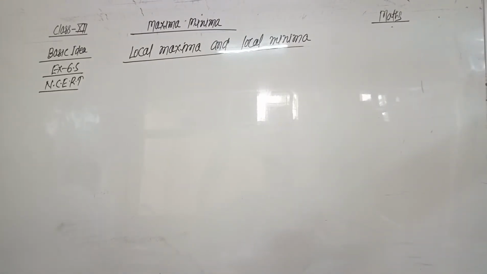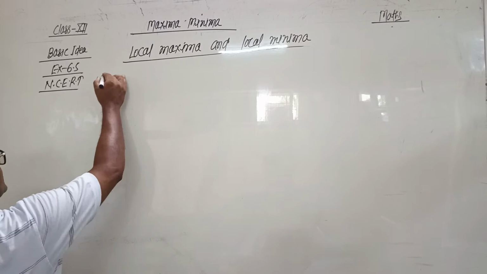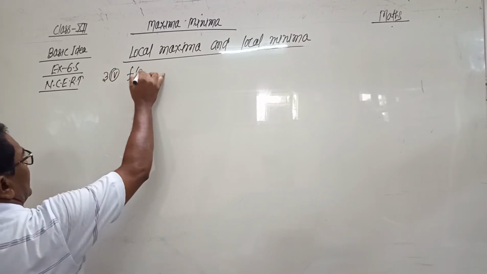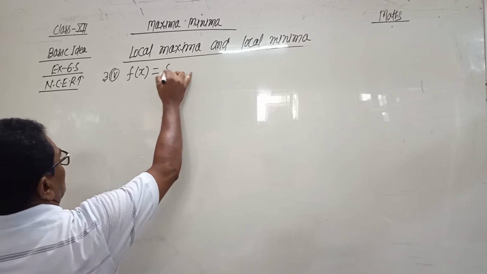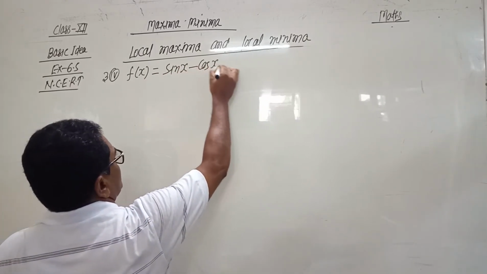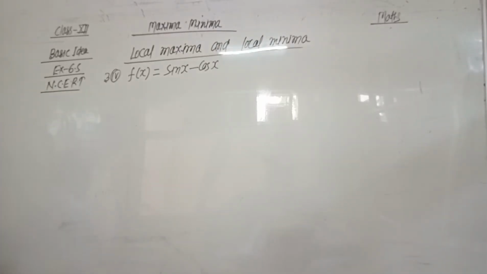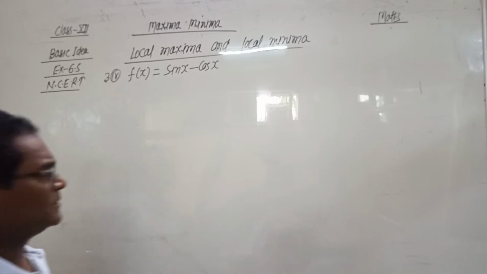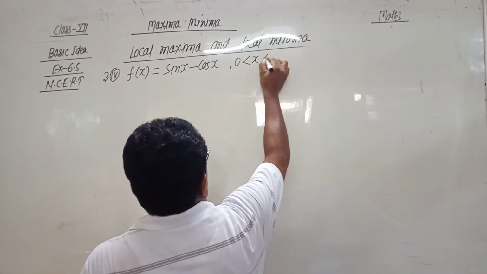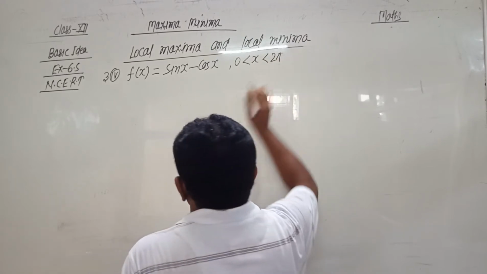Next question, part 4. f(x) equals sin x minus cos x, and the value of x lies between 0 and 2 pi, that is 0 is less than x is less than 2 pi.